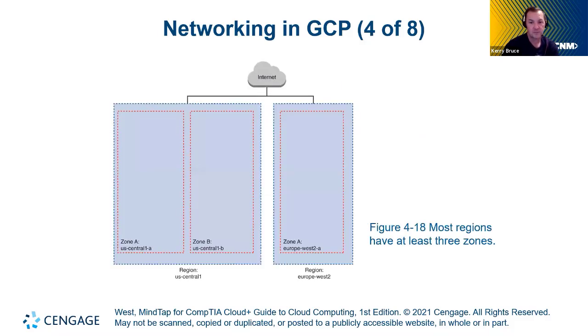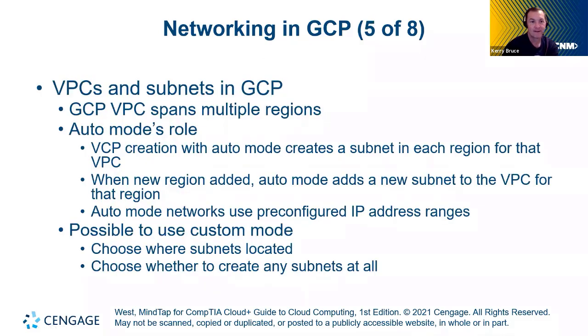Okay. So here's the picture for Google. I like the fact that they've actually shown you we've got 2 different regions now. We're using US Central and Europe West, right? There's 2 zones here and a single zone over here, right? So for the Google platform, we're showing this global setup versus an individual region setup. When you set up your VPC, it spans multiple regions, right?